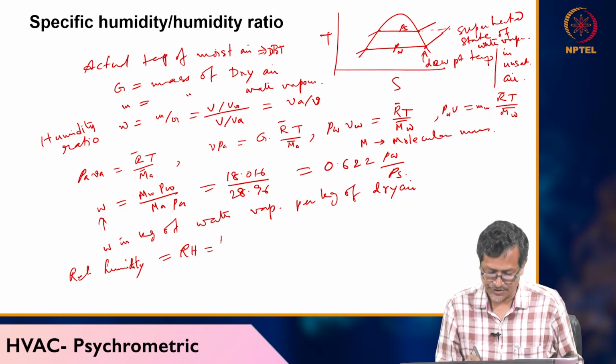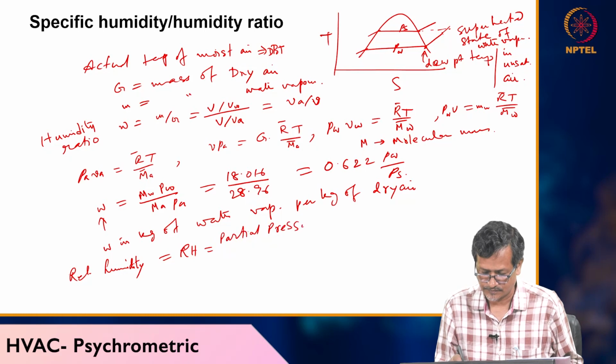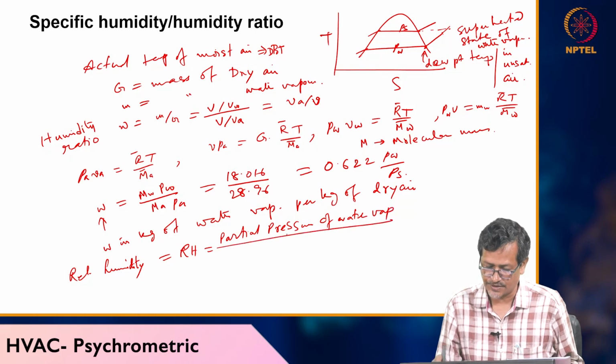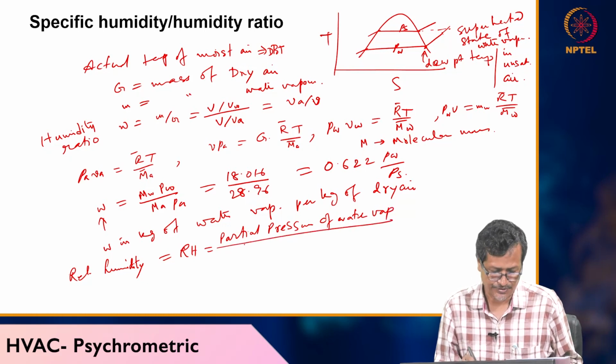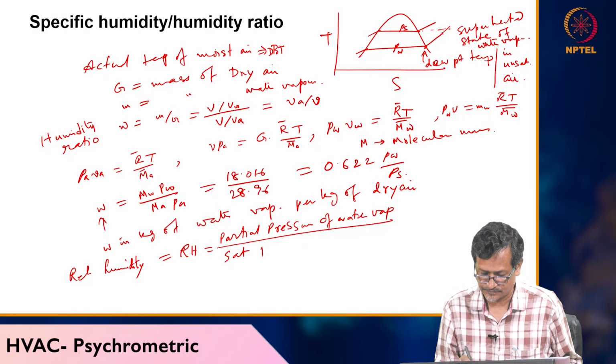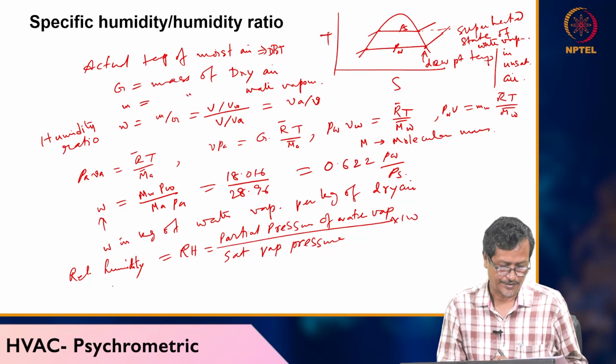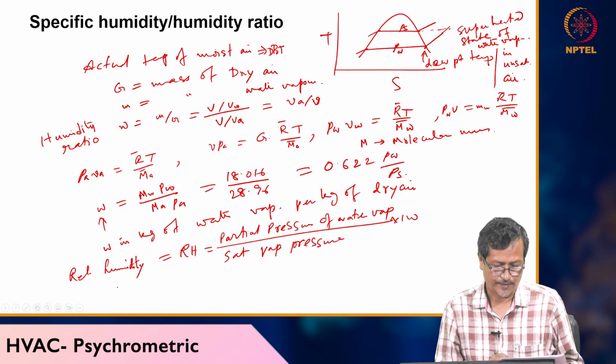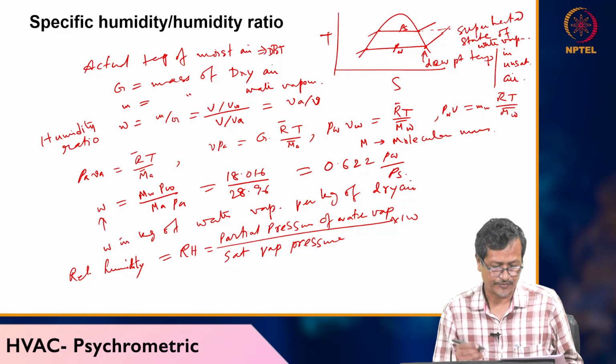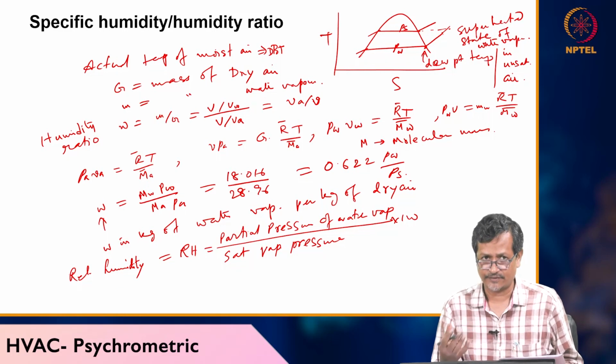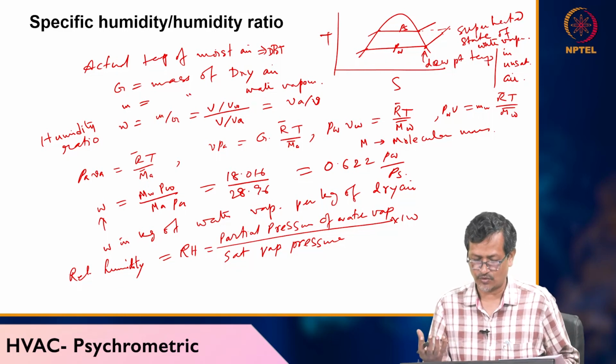RH equals the partial pressure of water vapor at a certain temperature divided by the saturation vapor pressure at the same temperature, times 100. So it is the ratio of the amount of moisture in the air relative to the amount it can hold.